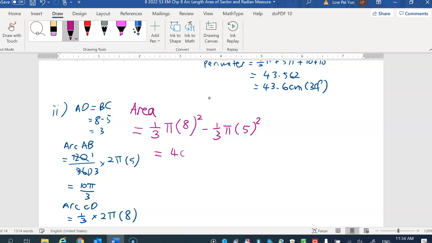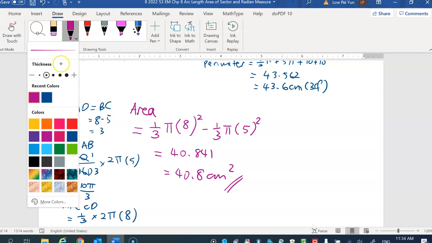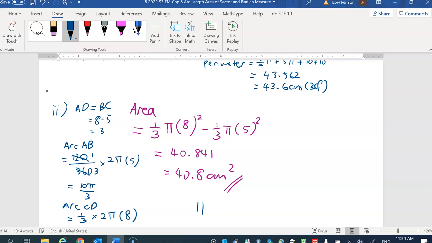Computing, you get 40.841, and I get 40.8 cm squared. Hey, part 2 done. I'm gonna leave part 3 for you to do on your own.